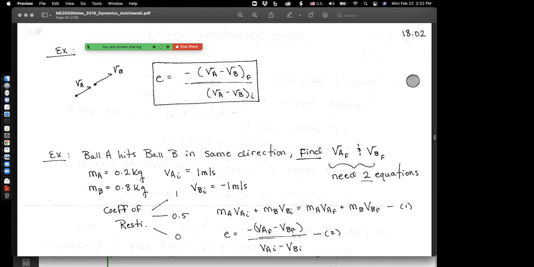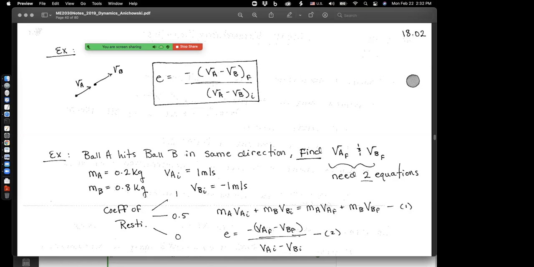Because you have two unknowns, you need two equations. One of the equations is the momentum balance equation, and the other equation is based on the coefficient of restitution. Initial velocities are known, coefficient of restitution is given, the final velocities are unknown. So you have two unknowns here, and the momentum equation also has two unknowns.